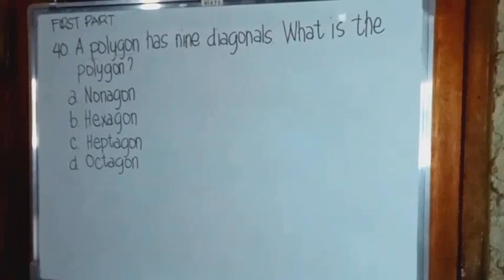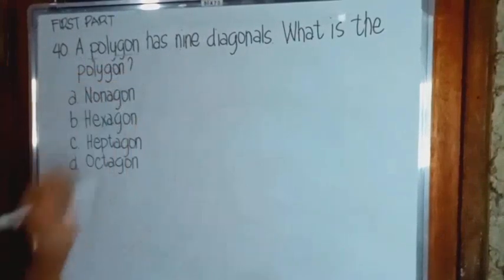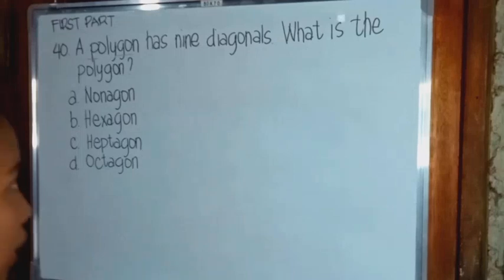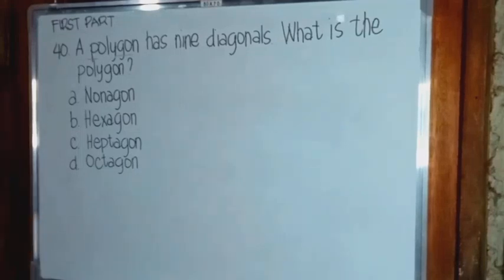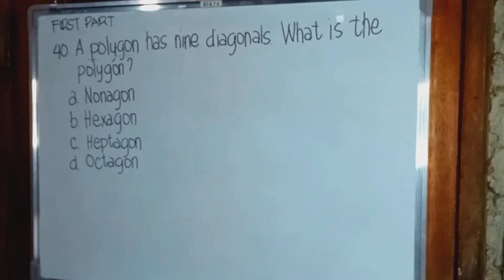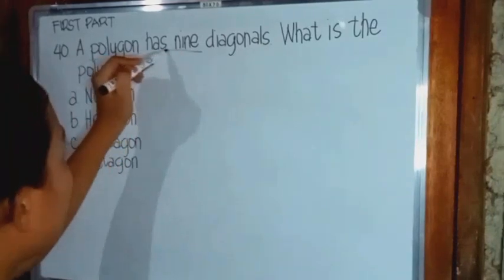Item number 40. A polygon has 9 diagonals. What is the polygon? So the problem is, we need to find what kind of polygon it is if it has 9 diagonals.